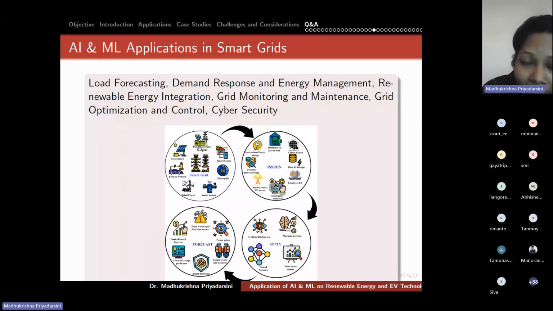So how are we going to prevent that? We'll apply the AIML application to predict. So suppose this is my trend, like we have seen in one of the slides, historical measures are also required. So we'll go for the log data and check what the pattern of this power generator is.